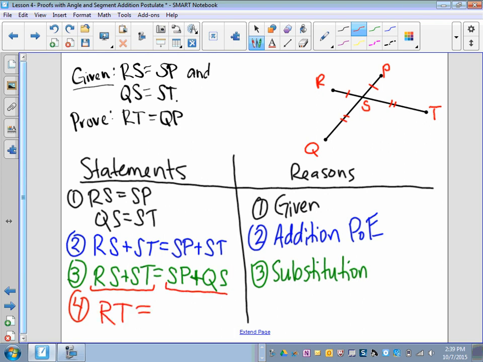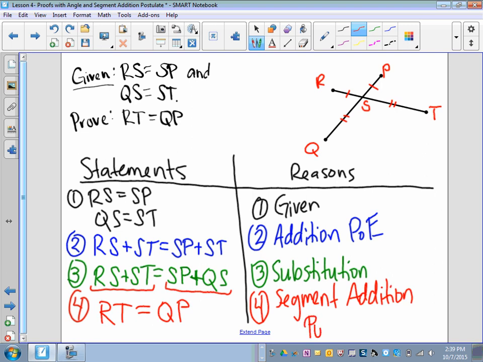And this is simply the measure of QP. And that's by our segment addition postulate. Okay. And then we look, and they are indeed exactly the same.